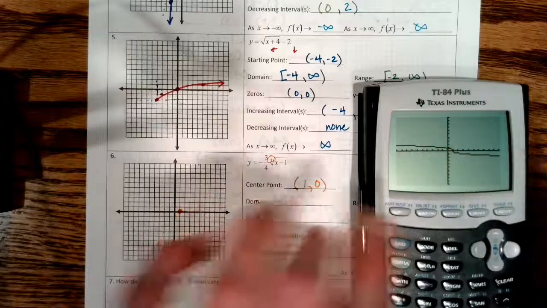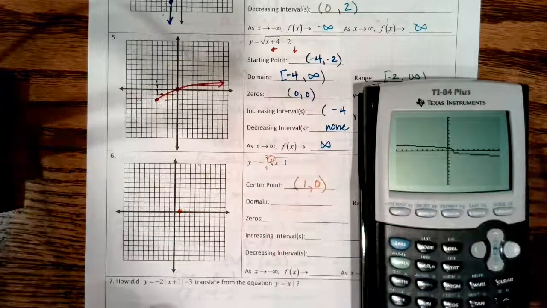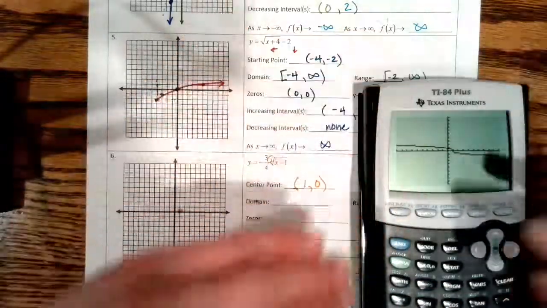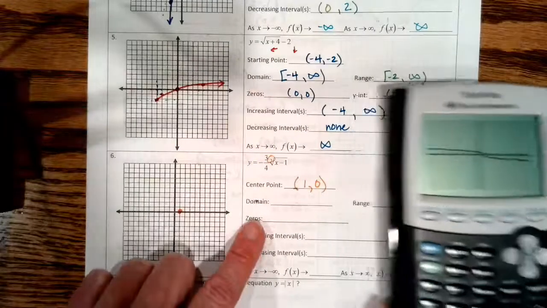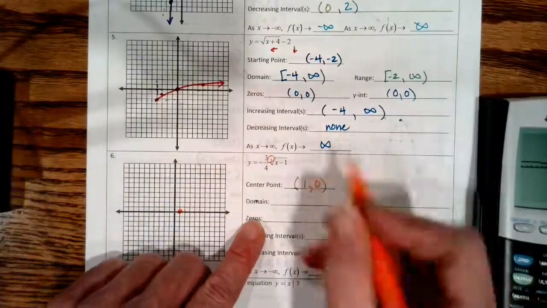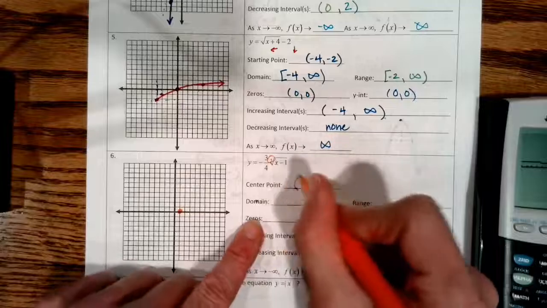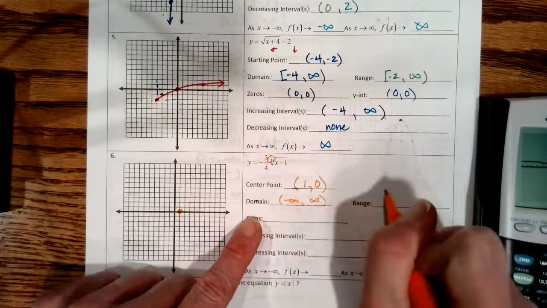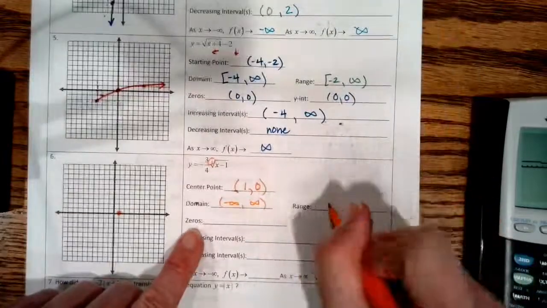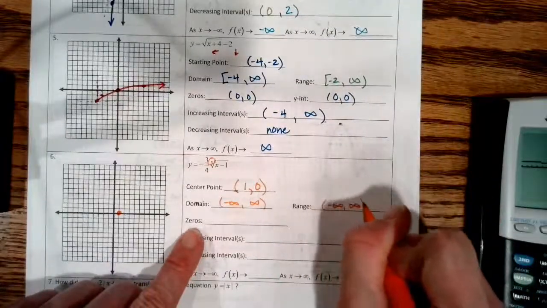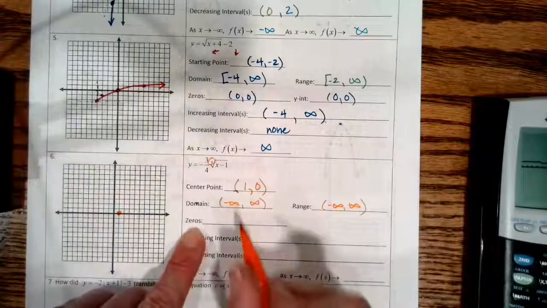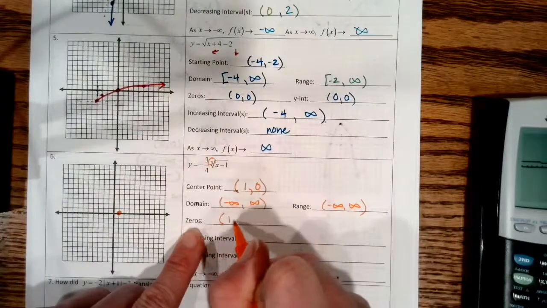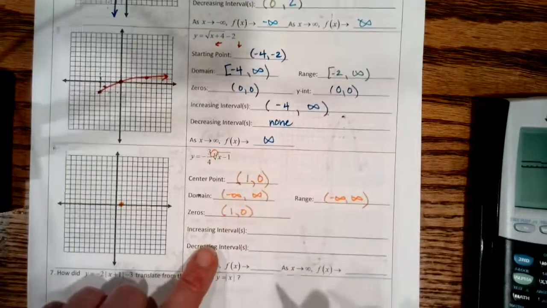And there's my snake. It's facing backwards because it was reflected over that x-axis. So my domain and range, always for a cube root graph, -infinity to positive infinity, and the same with my range. My zeros are going to happen at over 1, up 0.